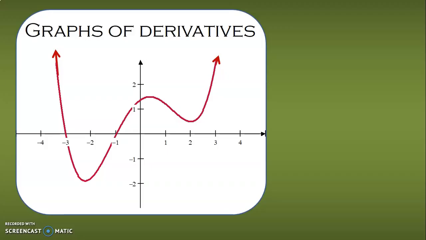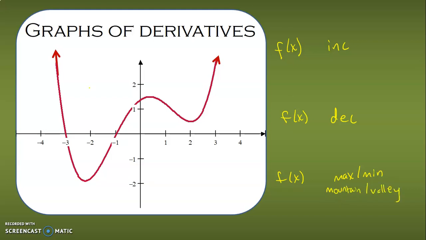When we talk about the graphs of a derivative, there are 3 things you should be looking at. If f of x is increasing, if f of x is decreasing, and if f of x is at a max or a min, which is when it's going to be at a mountain or a valley.